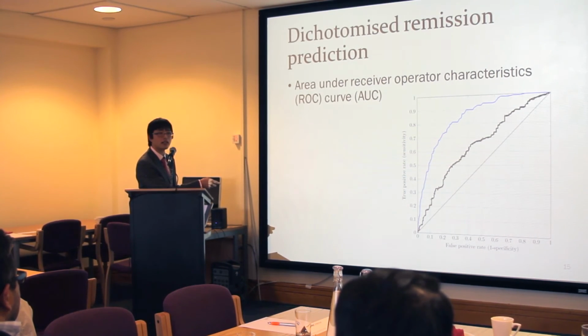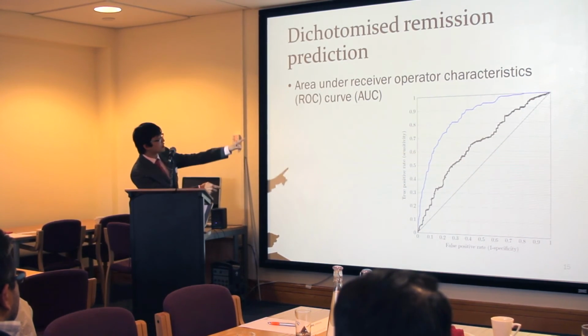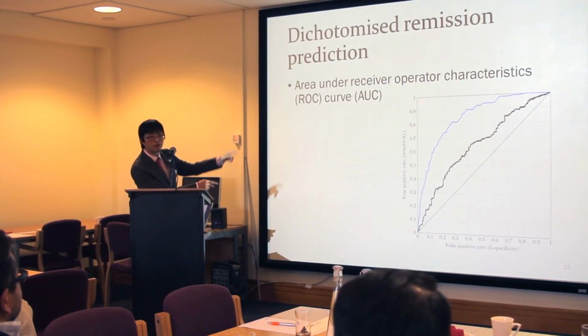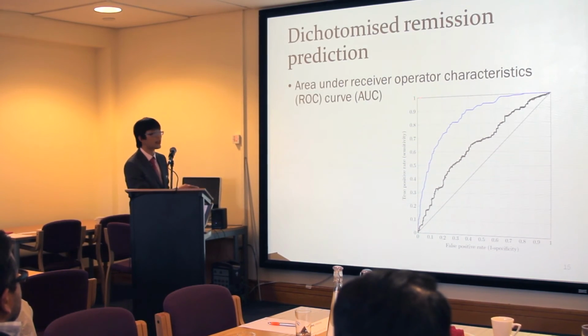And in blue here, I have the personalized model, which is doing better than the traditional method. So the closer to the top left, the better the performance, because at the peak there, this is a perfect predictor. It would get every single case right.